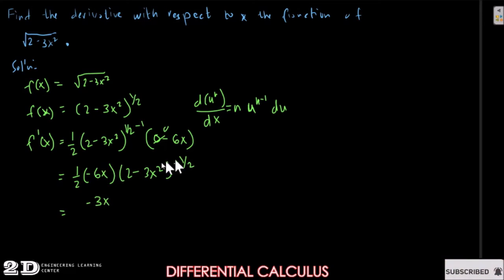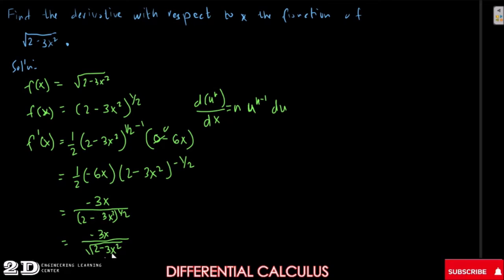Then we could put this one as our denominator so that we will have a positive exponent: 2 minus 3x squared raised to the power of 1/2, or we could write our denominator as a radical, square root of 2 minus 3x squared. And this will now be our derivative of the function.